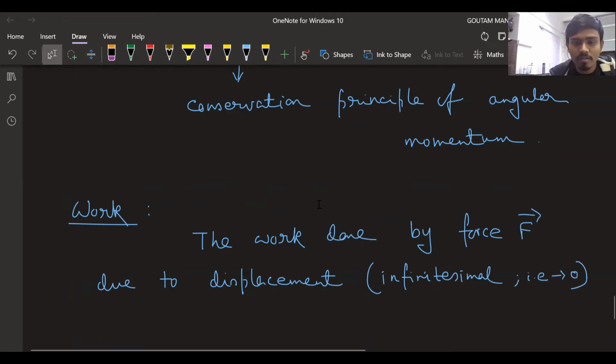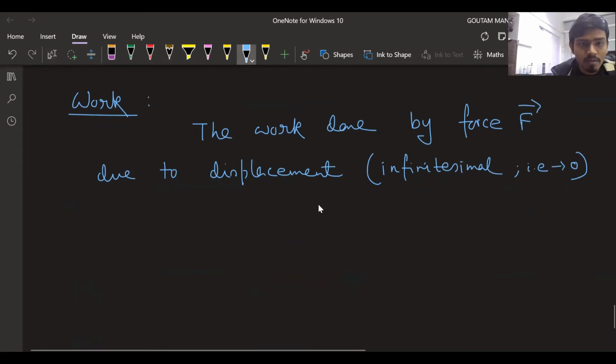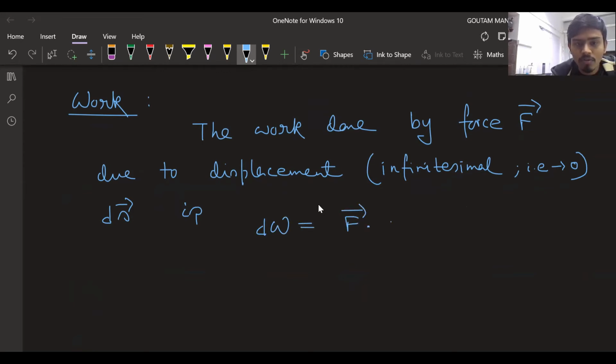So for an infinitesimal displacement ds, dW is the scalar product of F and the infinitesimal displacement. So this is a dot product, which means what we will get is a scalar.